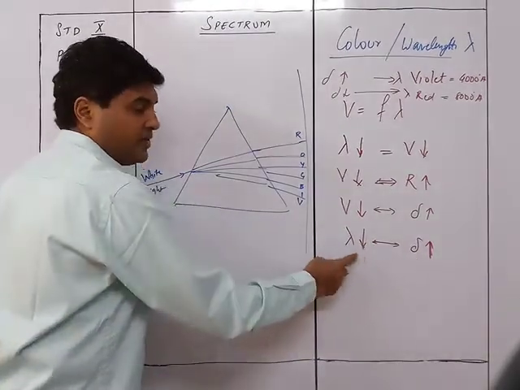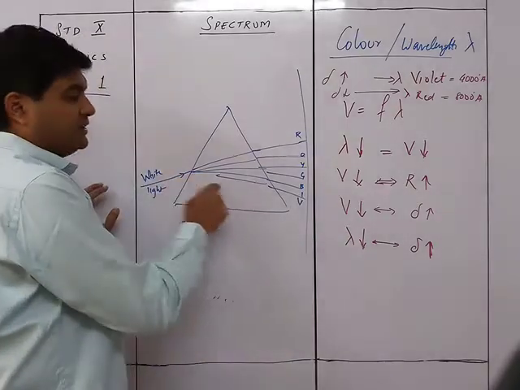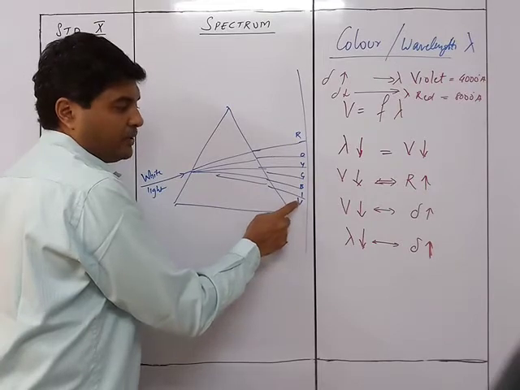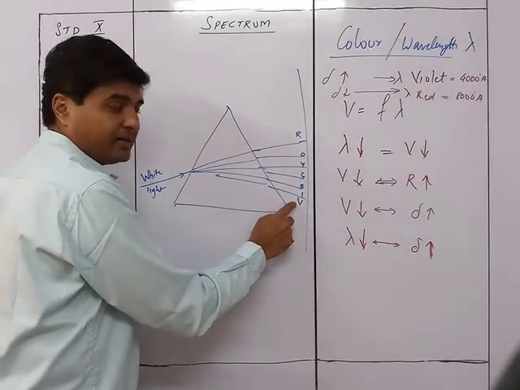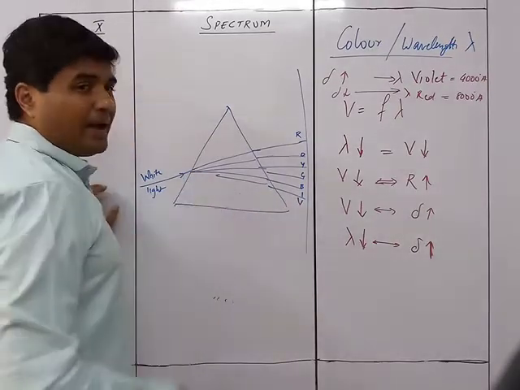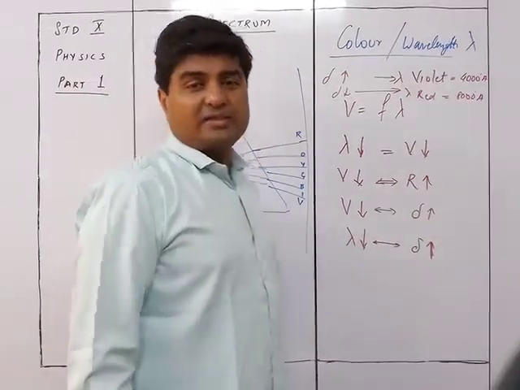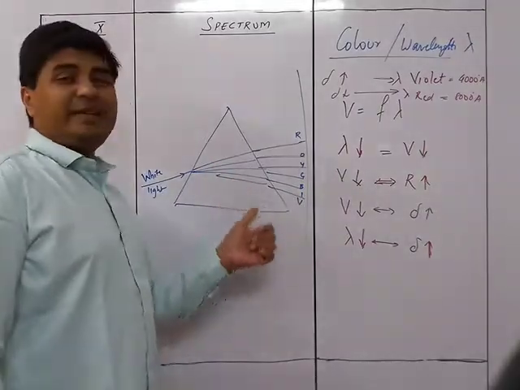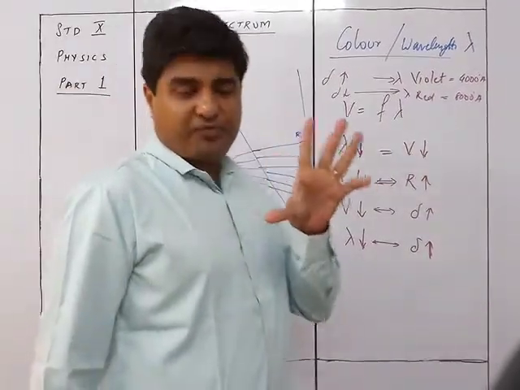The lesser the wavelength, the more the deviation. Violet has the least wavelength, and hence it is deviated the most. The difference in the deviation causes each color to split from the others.